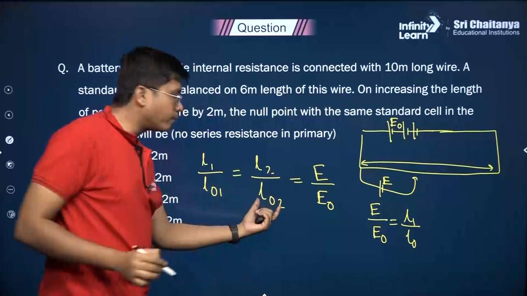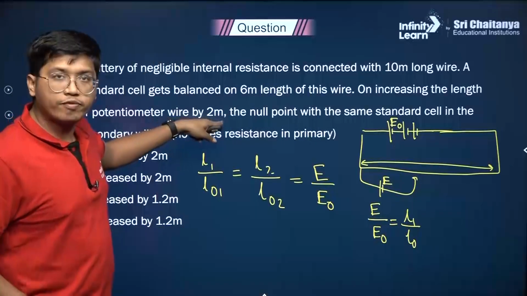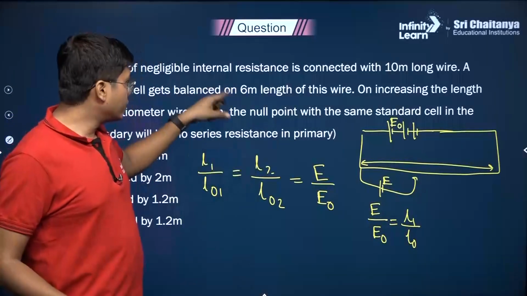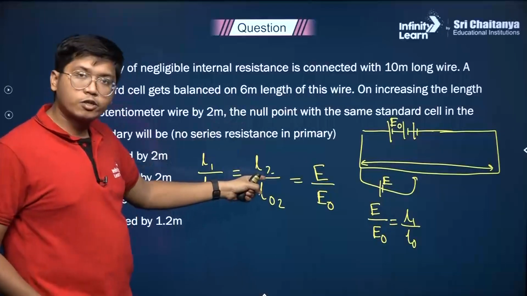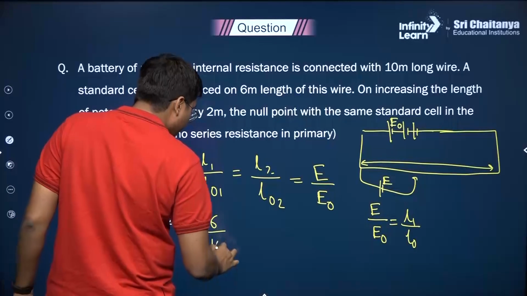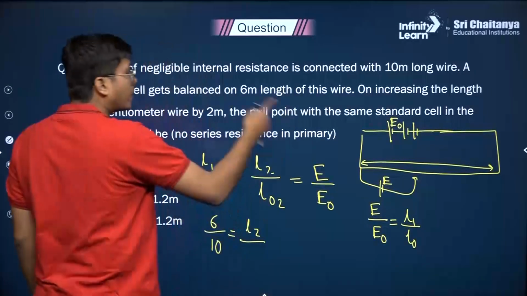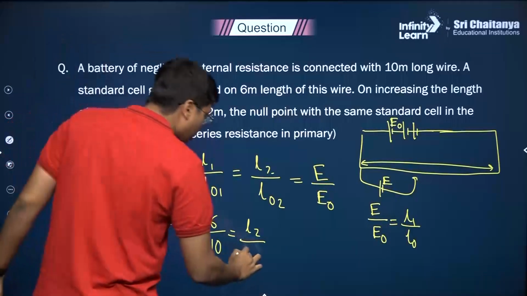In the next case, when you make the total length L naught 2, which is 10 plus 2, 12 meter, then the balance point would be at L2. You put in the values, L1 is 6, L naught 1 is 10. Here you have L2, which is what we need to find, divided by 10 plus 2 meters, that is 12 meters.